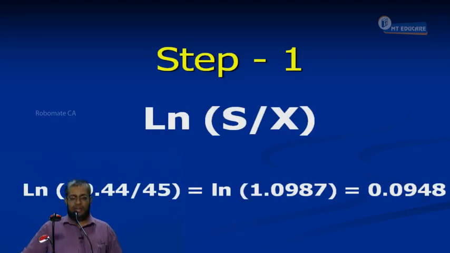1.0987. ln of 1.0987. Now, there's always some difference maybe between the table and the number here. I might have used a different table. Okay, ln of 1.0987. Look at our table and tell me what is ln of 1.09. What is the number I want to get?